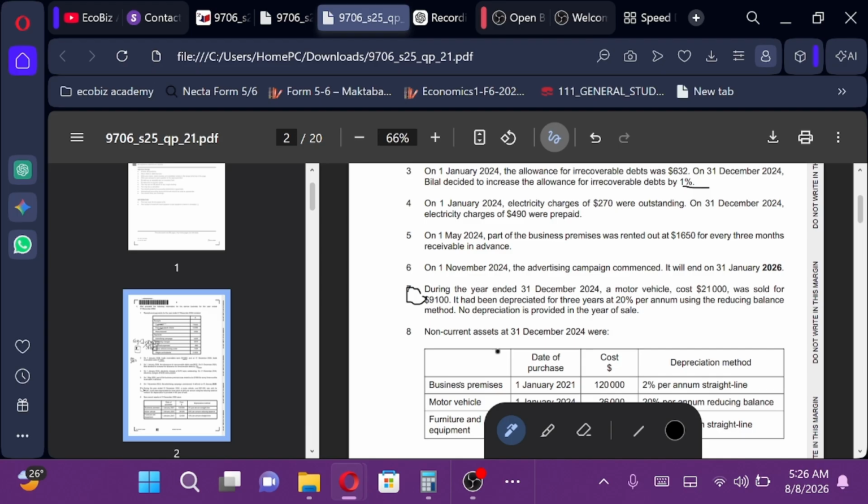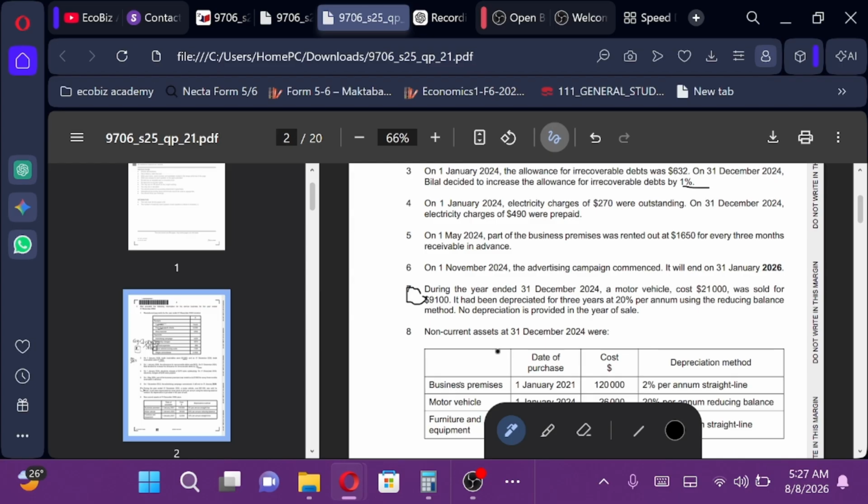So do you know what this means, guys? This basically means that if it was sold on 31st of December 2024, then it was purchased 3 years before, which is 1st of January 2021, if I'm correct.